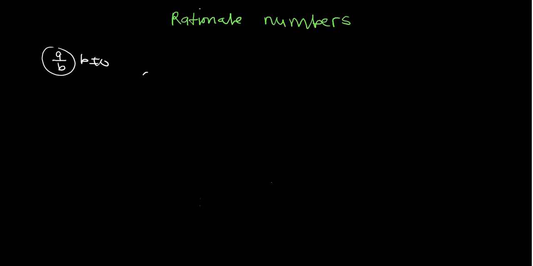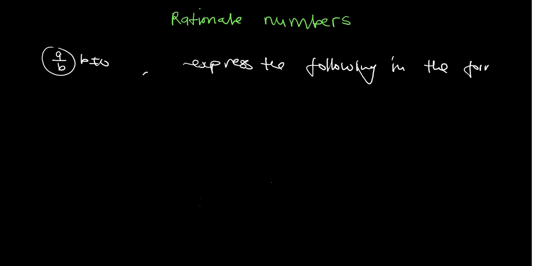For example, express the following in the form of a over b, where b is not equal to 0, like that. So what are we going to do?